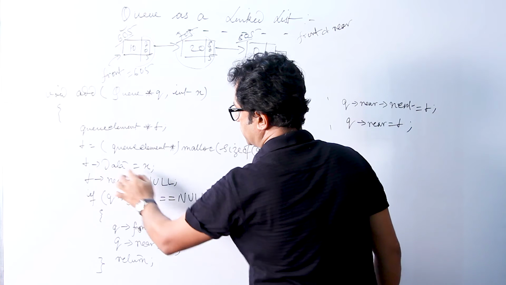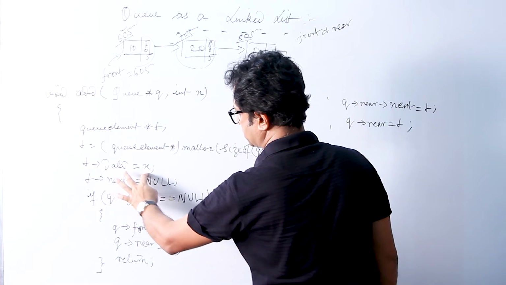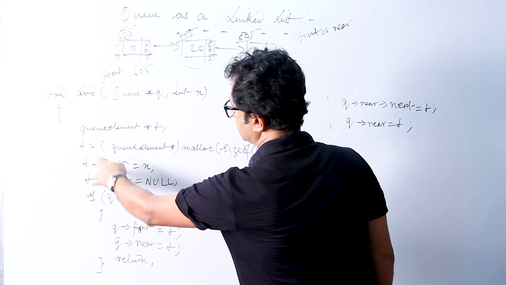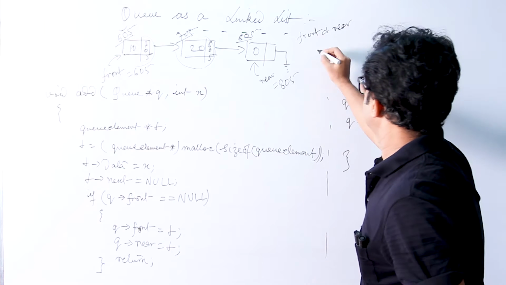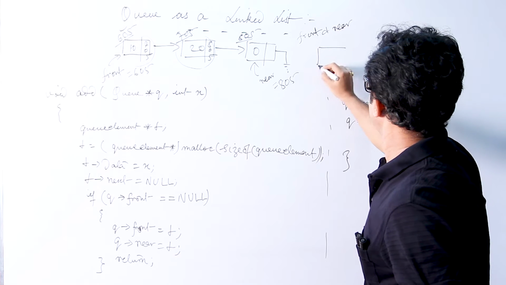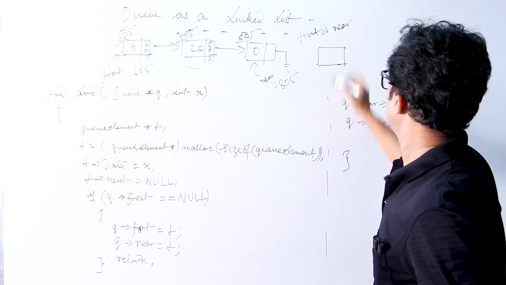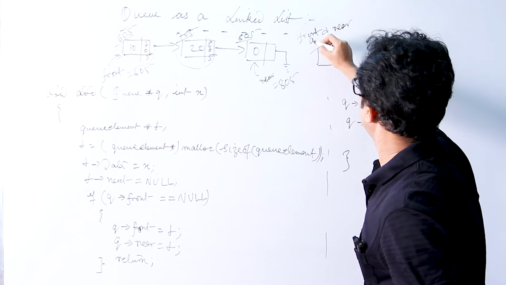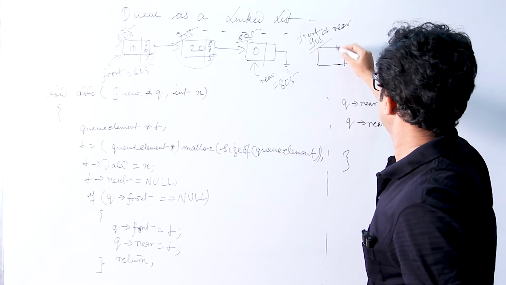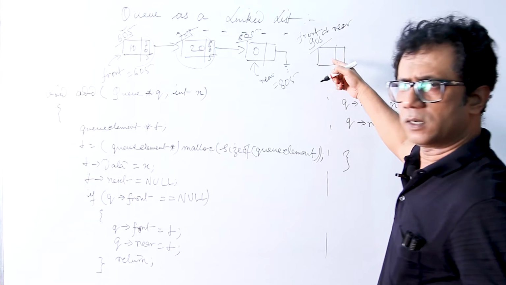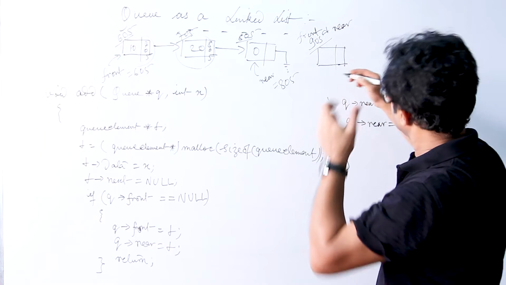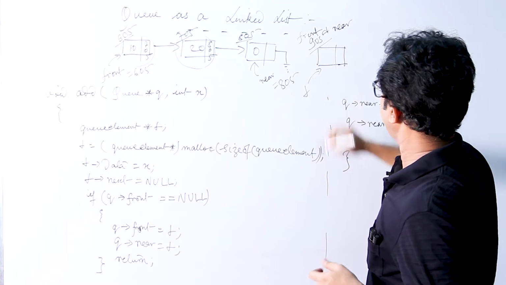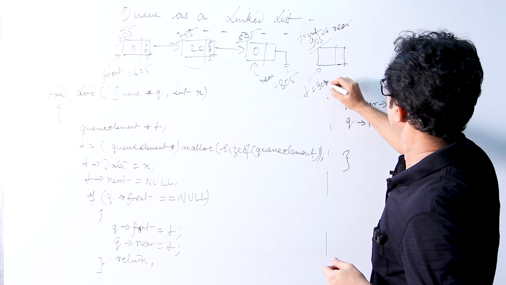Then we assign x to the data part of the node pointed to by t. Suppose t is created like this, at a location of 905. It has two parts because it is a queue element type of node, and it is pointed to by t. T has the value 905.